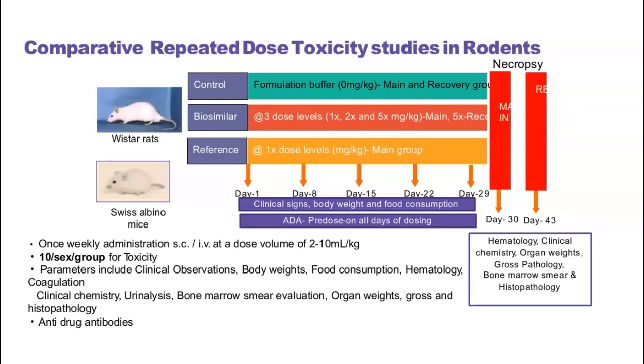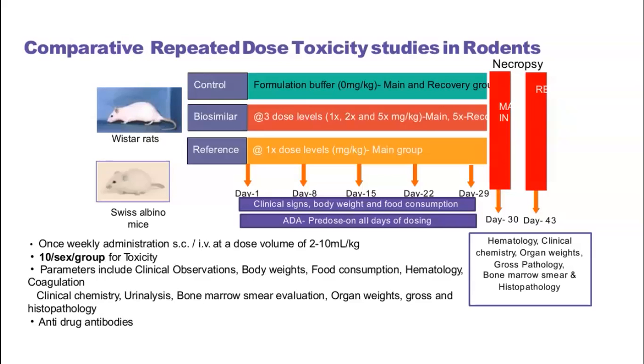These are nothing but the human equivalent dose. Suppose we know the human dose for all the molecules, for example 1 mg per kg body weight. In animals, based on the metabolic rate, we have to convert the human equivalent dose.